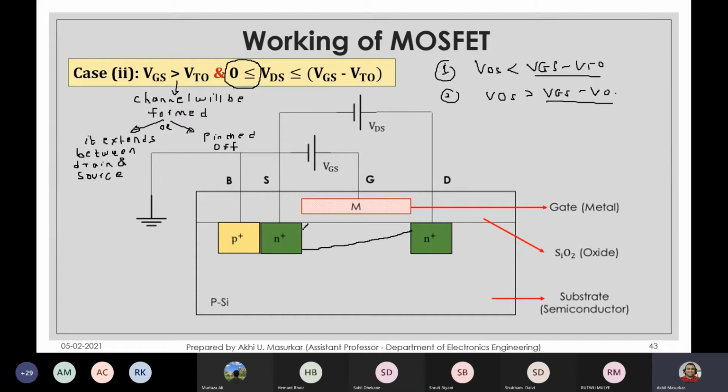You can see I have drawn the channel which is trapezoidal in shape. The thickness is more on the source side, and it is less on the drain side.